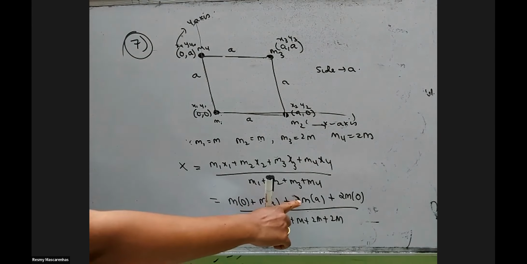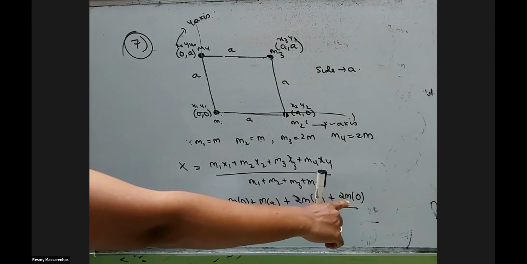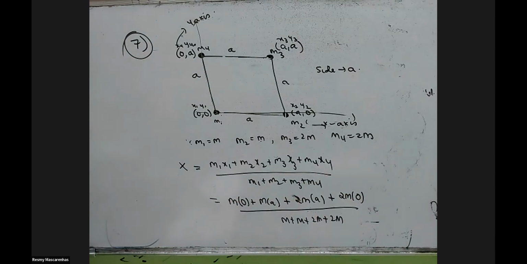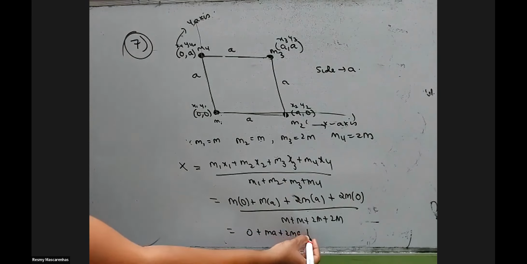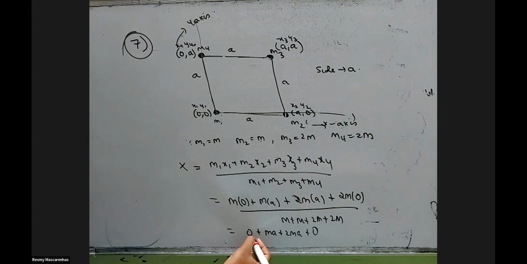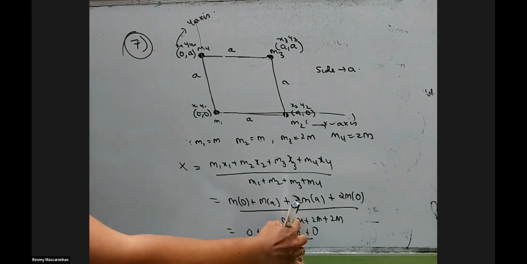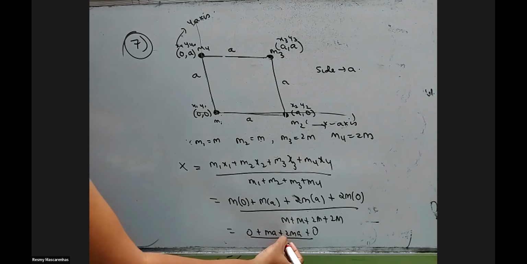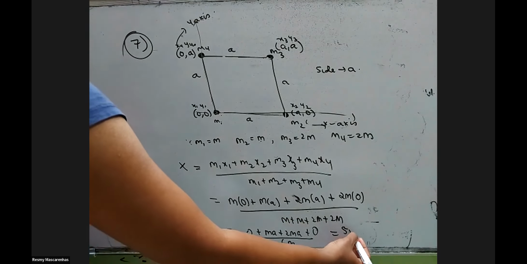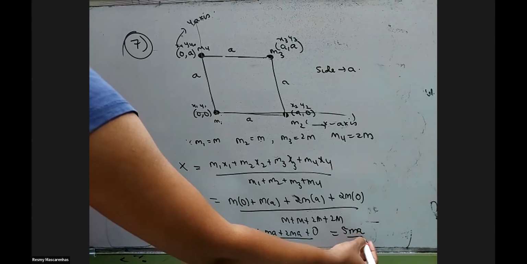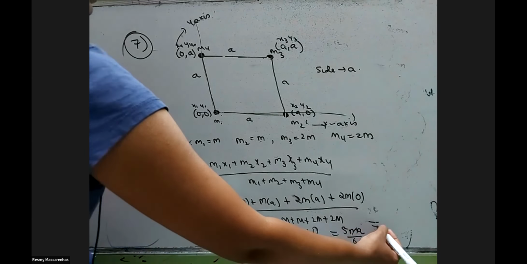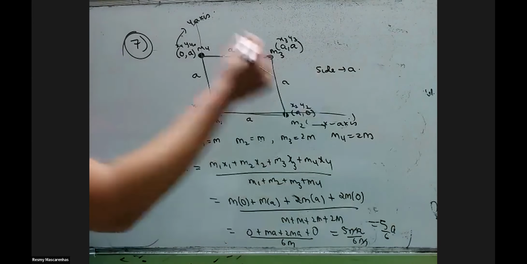So 1 ma, 2 ma, so total, and this also will be 0. Two, 6, 5m upon 6m. M and m will cancel. 5 upon 6 times a is the x coordinate.